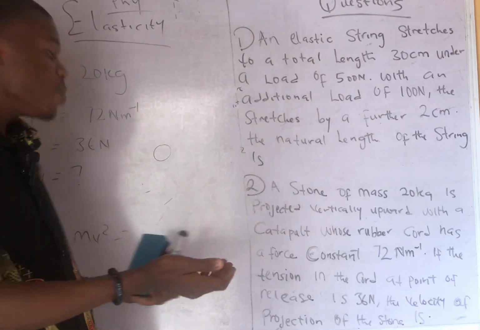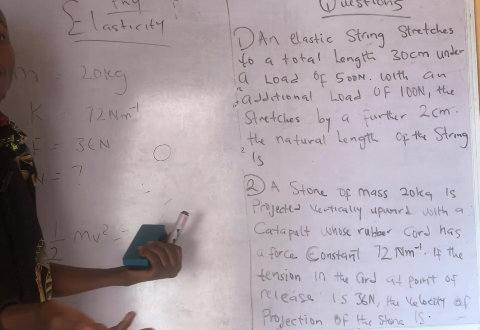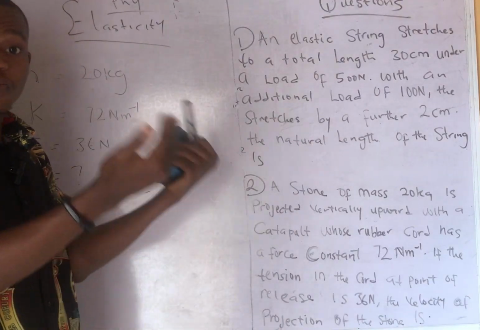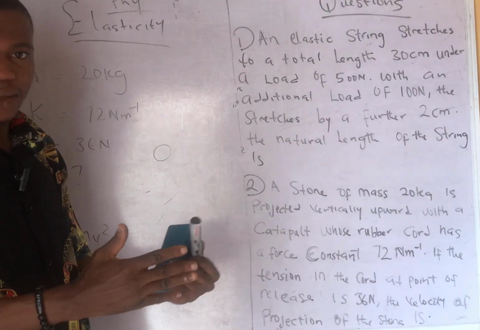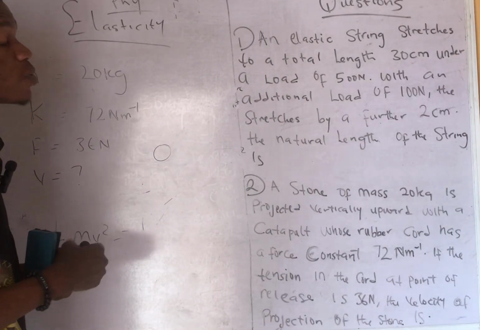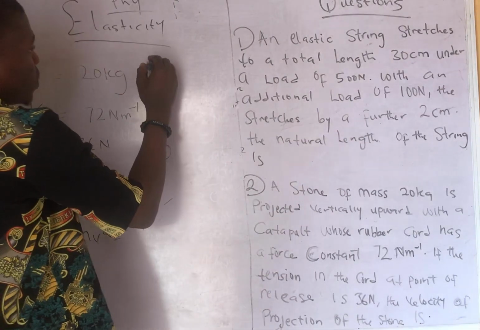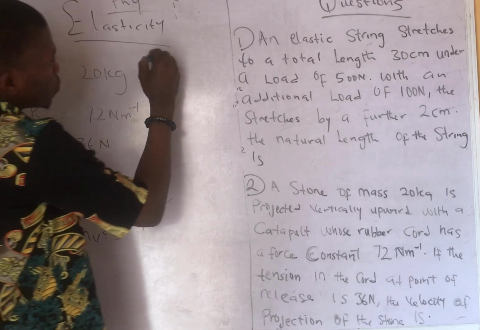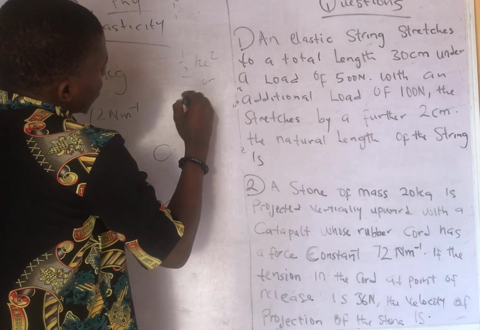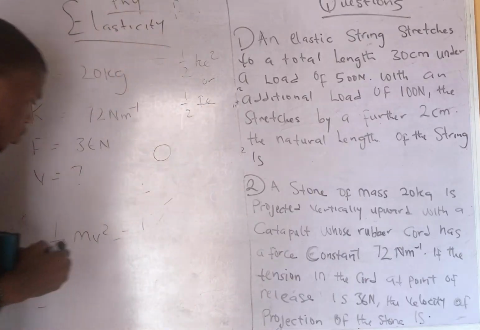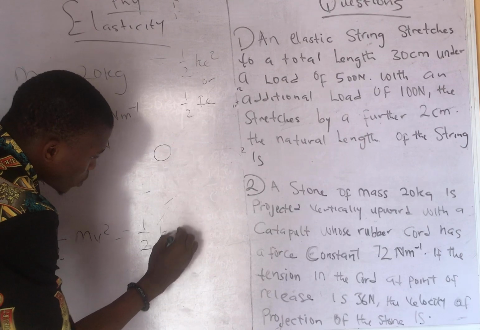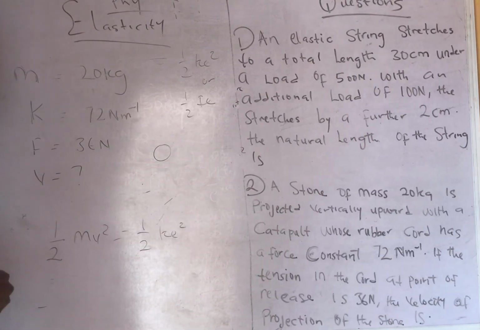There is no kinetic energy for elasticity, it is potential, because virtue of position is staying. So the potential energy of an elastic material, we did it the other time, is equal to half ke squared, or half Fe. Let's make use of half ke squared, because we are given constants.